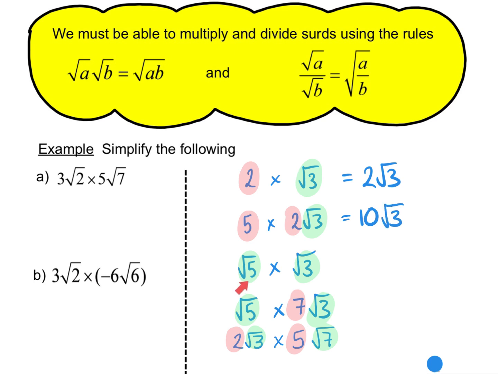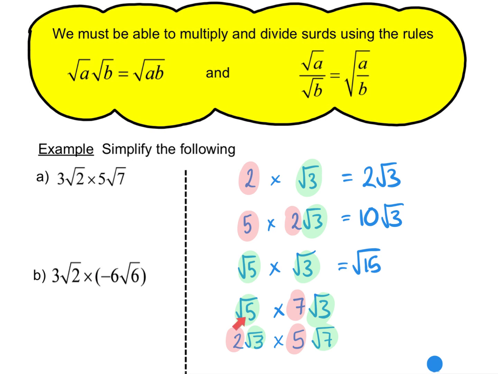In this one, these are both surds, so they can be multiplied together, and that's effectively using this rule up here. Root a times root b is the square root of a times b. So root 5 times root 3 is the square root of 5 times 3, so that's the square root of 15. Because these are both surd parts, I can multiply them together.